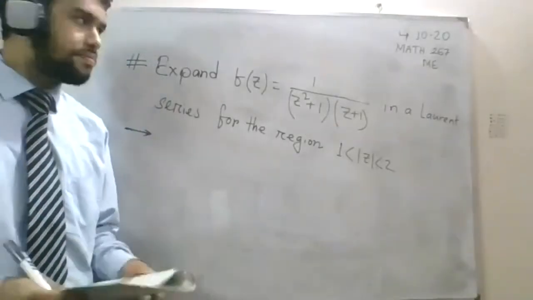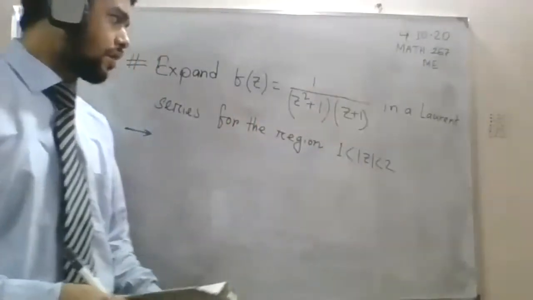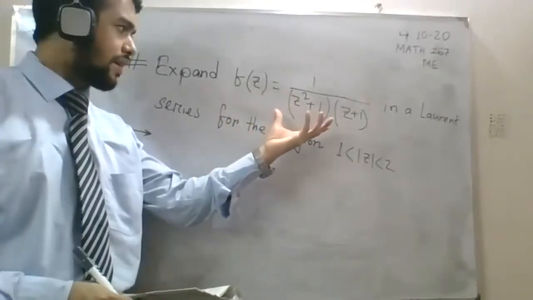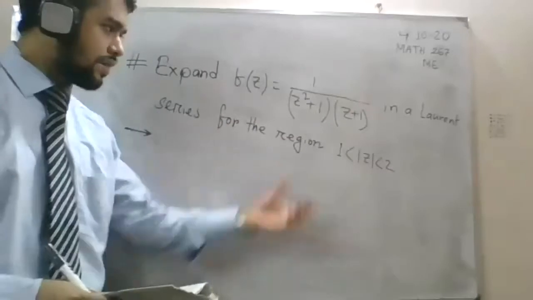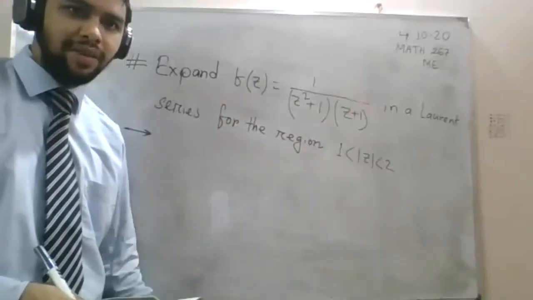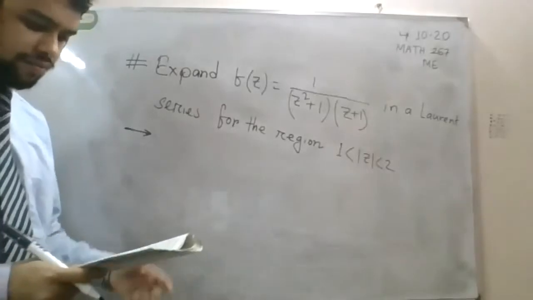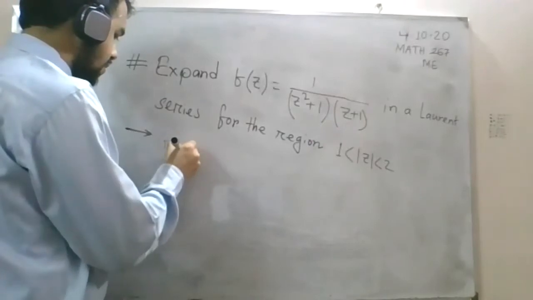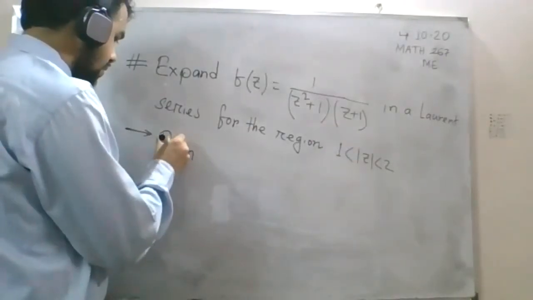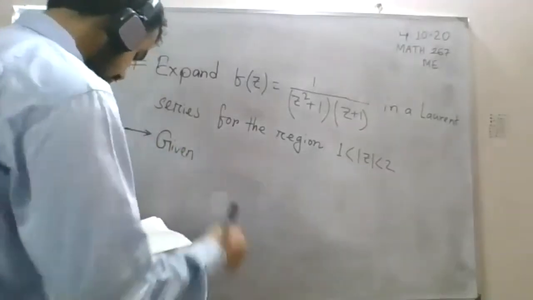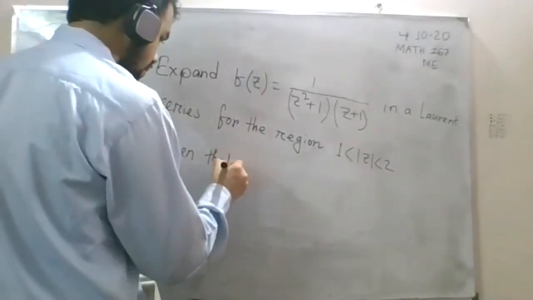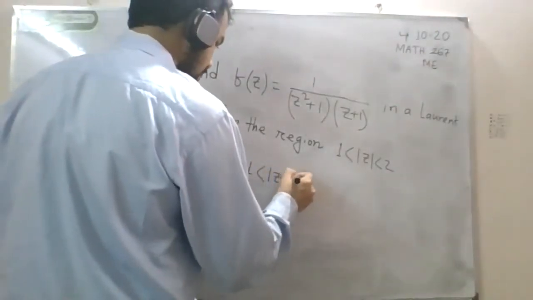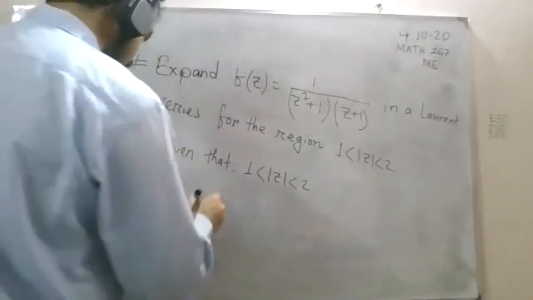So, at first you have to find out the partial fraction form, and then you have to use the region, and after that you have to find out the Laurent series from there. So we can say that.